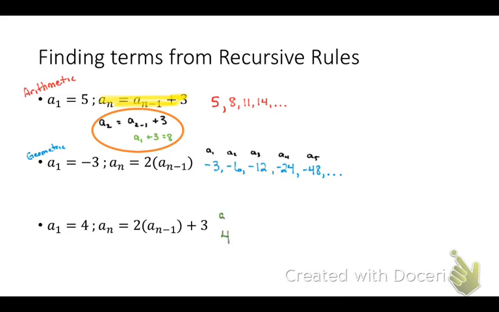My first term was 4. What's my second term? What do I have to do to this 4? Multiply it by 2 and then add 3. So I multiply it by 2, that's 8. 8 plus 3 is then 11.